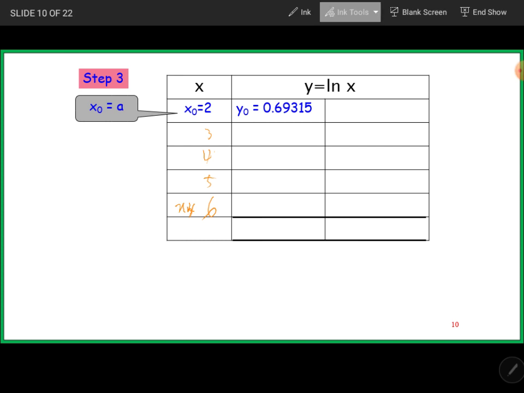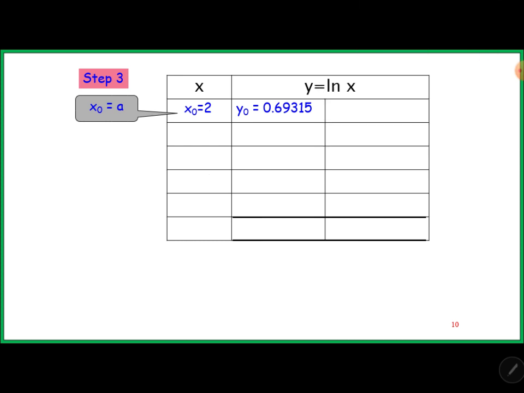Just follow the PowerPoint. Here they directly find y0. The next one is x1, which is 3. Why 3? Because 2 added to h. So when x1 equals 3, y1 is equal to, we put it in the other column. Why? Because y0 and yn should only be in this column.